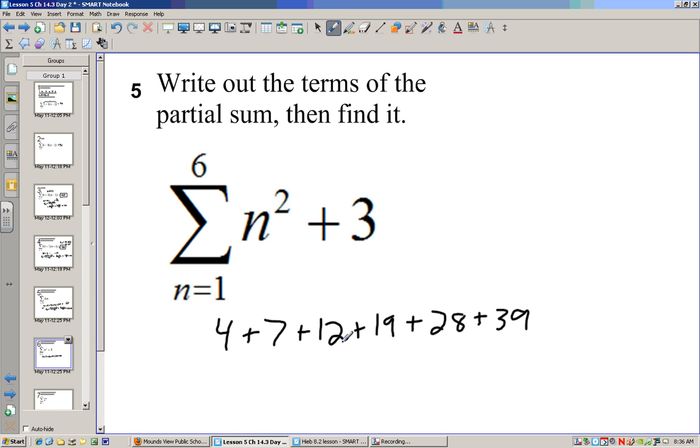Now this isn't arithmetic, nor is it geometric. This is quadratic. So the only good method we have for summing these up right now is just adding each of them together. And I get a grand total of 109.